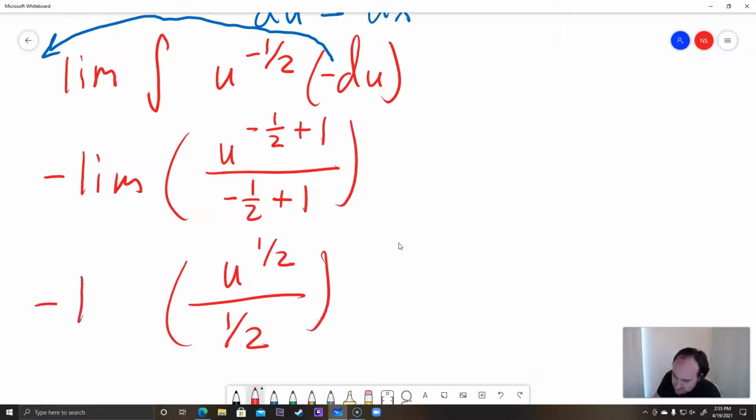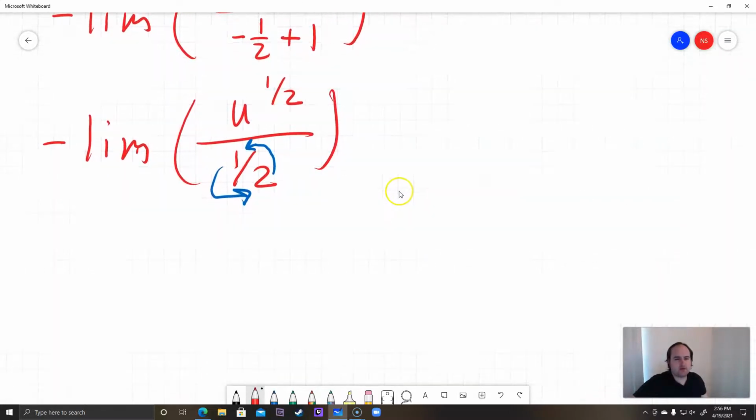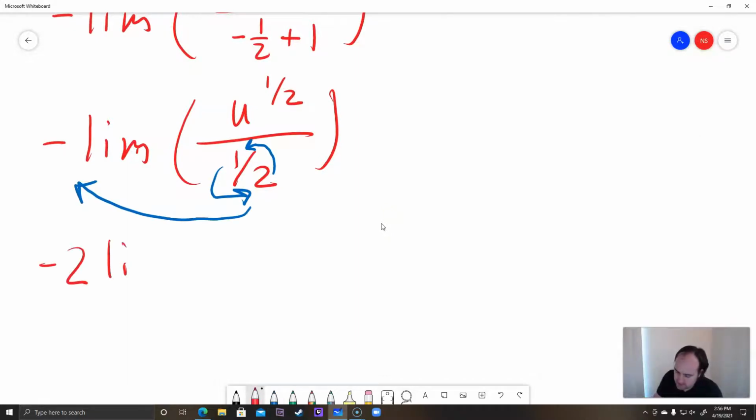And we're taking negative limit of this. So if you're dividing by 1/2, that's the same as multiplying by the reciprocal, which is 2 over 1. So I can factor out the 2. Okay, so if I bring the 2 outside of the limit, then we're going to have negative 2 times the limit of u to the 1/2.